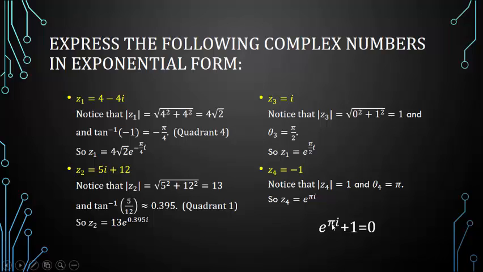So e to the pi i is equal to -1. You'll see I've put them on the same side right here. This formula is known as one of the most beautiful formulas in mathematics. It has e, a transcendental number, pi, a transcendental number, i, the square root of -1, 1, unity, and 0. So the additive identity.